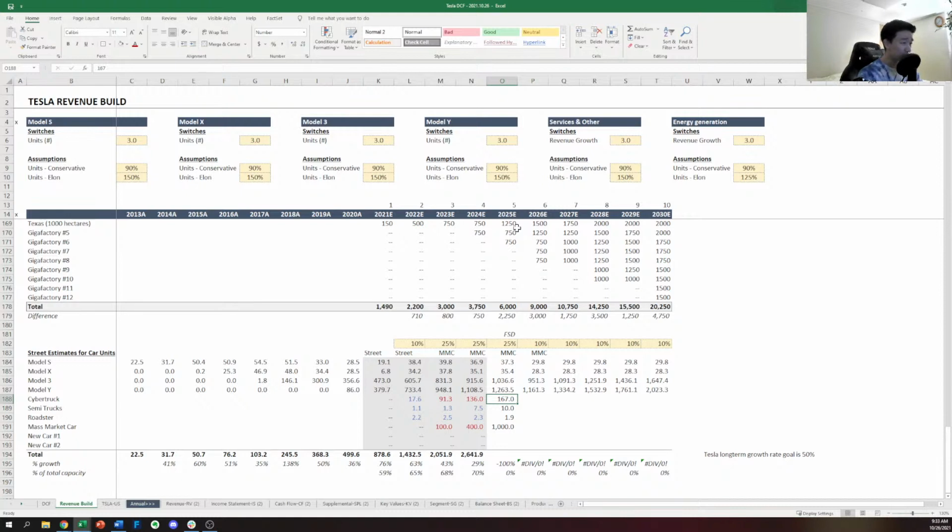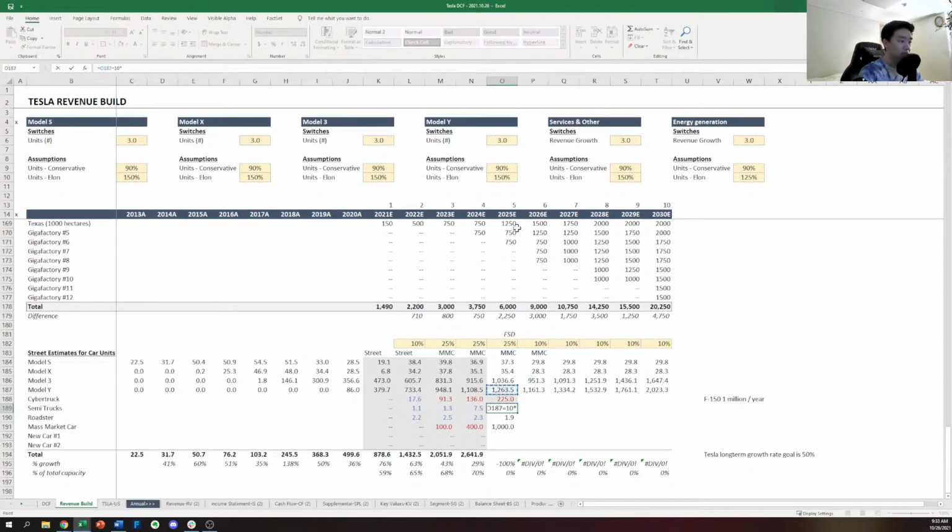Okay, Cybertruck. Again, I'm just going to write here. Ford F-150 is 1 million per year, but it's a little cheaper. I'm just going to assume this is 225 though, because I think it's a really cool car. I think a lot of people are going to want it. Semis, we want to make a little bit.